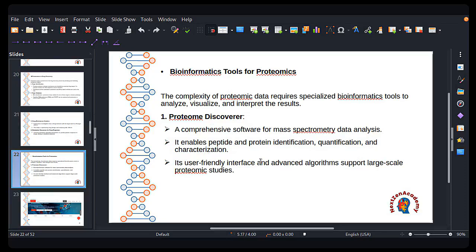हमने last जो lecture था उसमें हमने different tools पढ़े थे genomics को लेके. किसी को याद है क्या क्या tool पढ़े थे हमने? Sequencing की हमने बात करी थी, right? क्या क्या tools थे हमने जो last class में पढ़े थे? What were the different tools we studied in the last class?